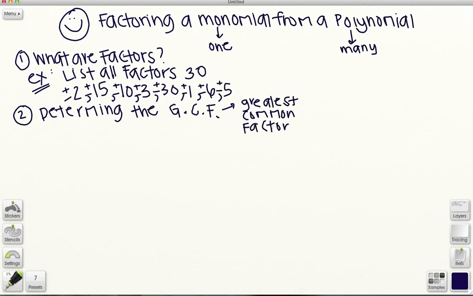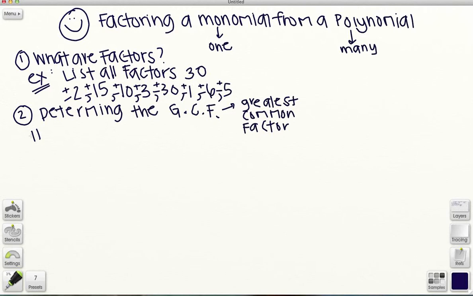We call it the GCF a lot of times instead of greatest common factor. The GCF is the biggest number or term that goes into all of the numbers that we're working with.